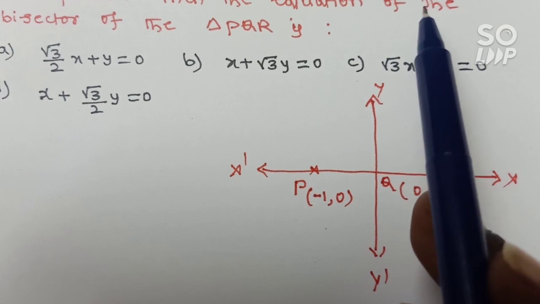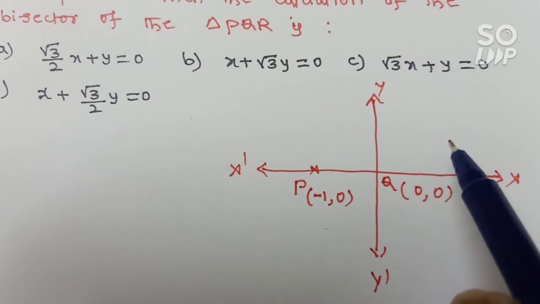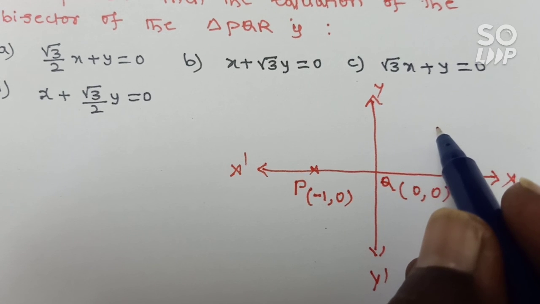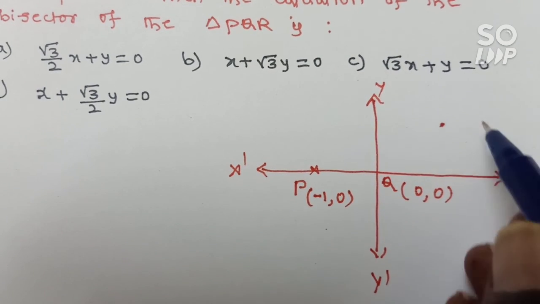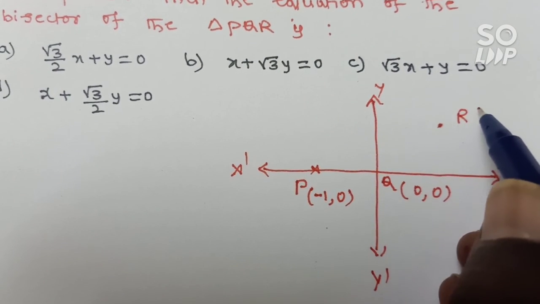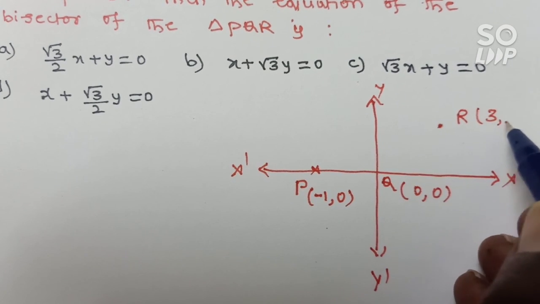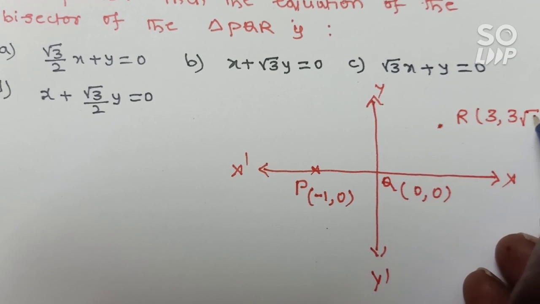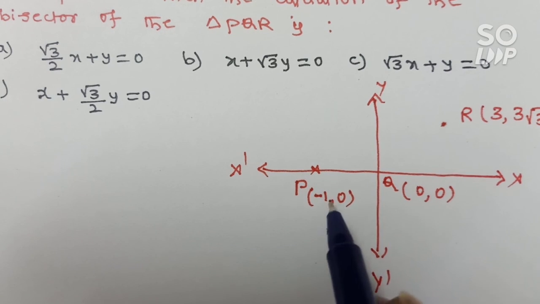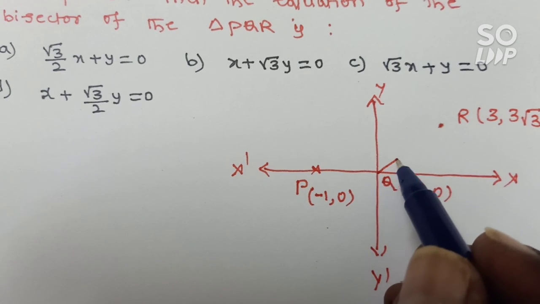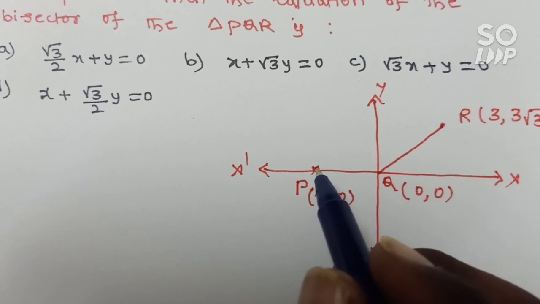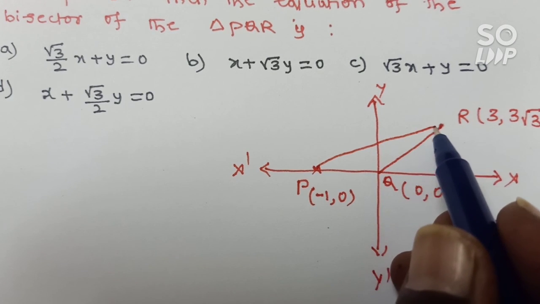And R is 3 comma 3 root 3, which lies in the first quadrant. This is R. Now you join all the points, so here we get the triangle.